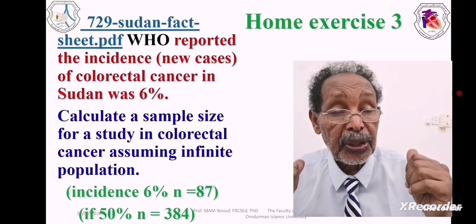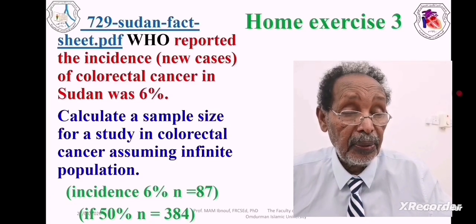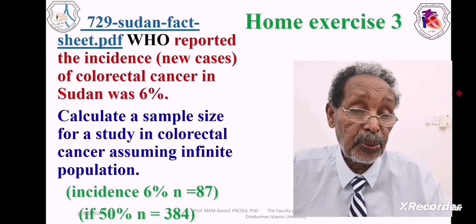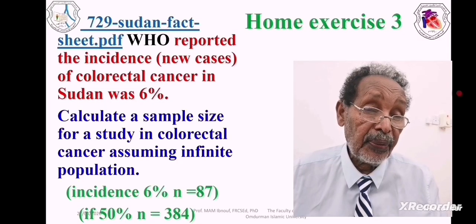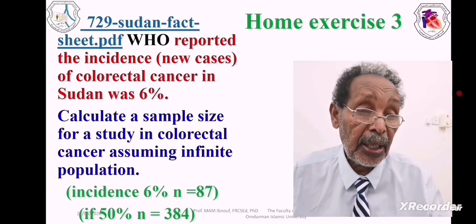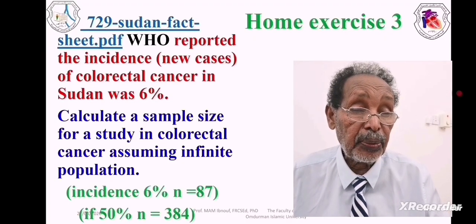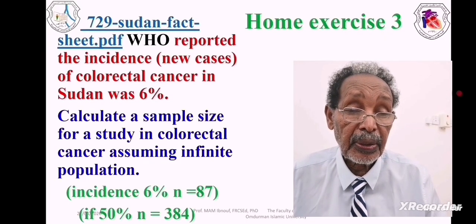If we use 50%, we know all the figures now. The z-value, we know it 1.96, and we square it. And the e-value, we can take it as usually used, 0.05, that is 5%, and we square it. It will be 0.0025.